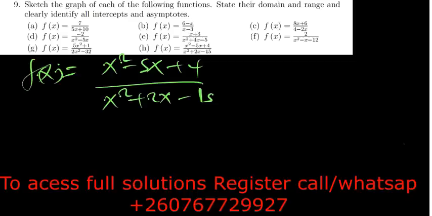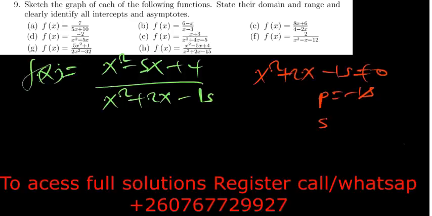to find the domain, we have to get this not equal to 0. So here is a quadratic, product negative 15, sum positive 2, factors we have positive 5 and negative 3.